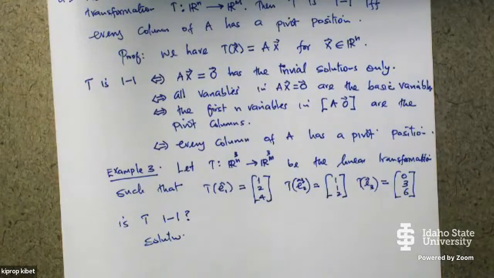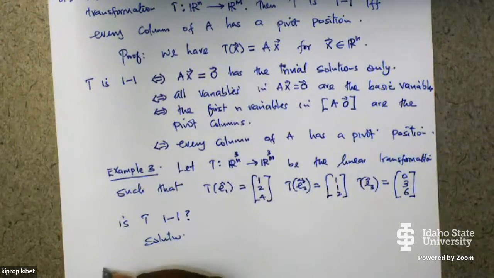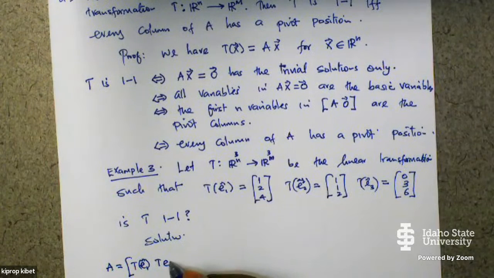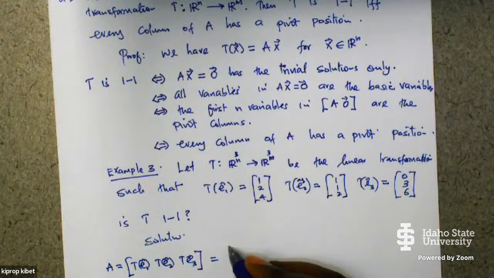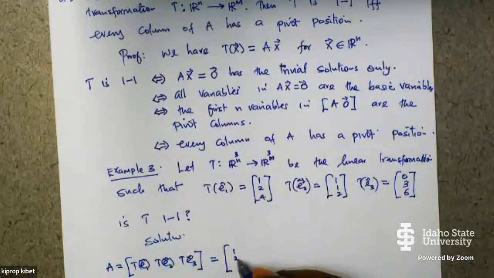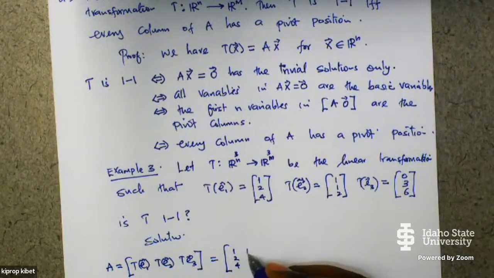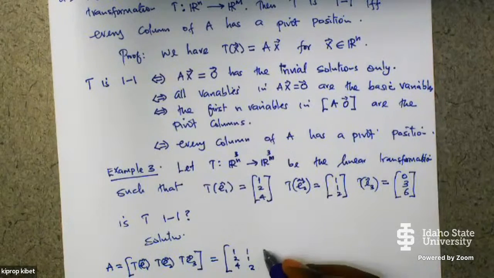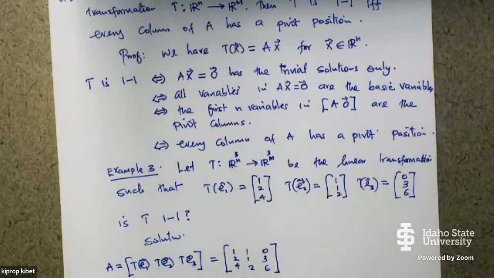So we write this in standard matrix form. We know A equals T(e1), T(e2), T(e3), which is equal to 1, 2, 4, 1, 1, 2, and then 0, 3, and 6.